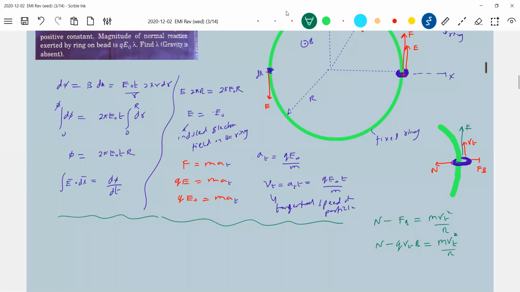Now what is B again? Again substitute B, the same original formula. Let me do all the calculation. So this will be N, v t is q B naught t by m, and B is B naught t by capital R.